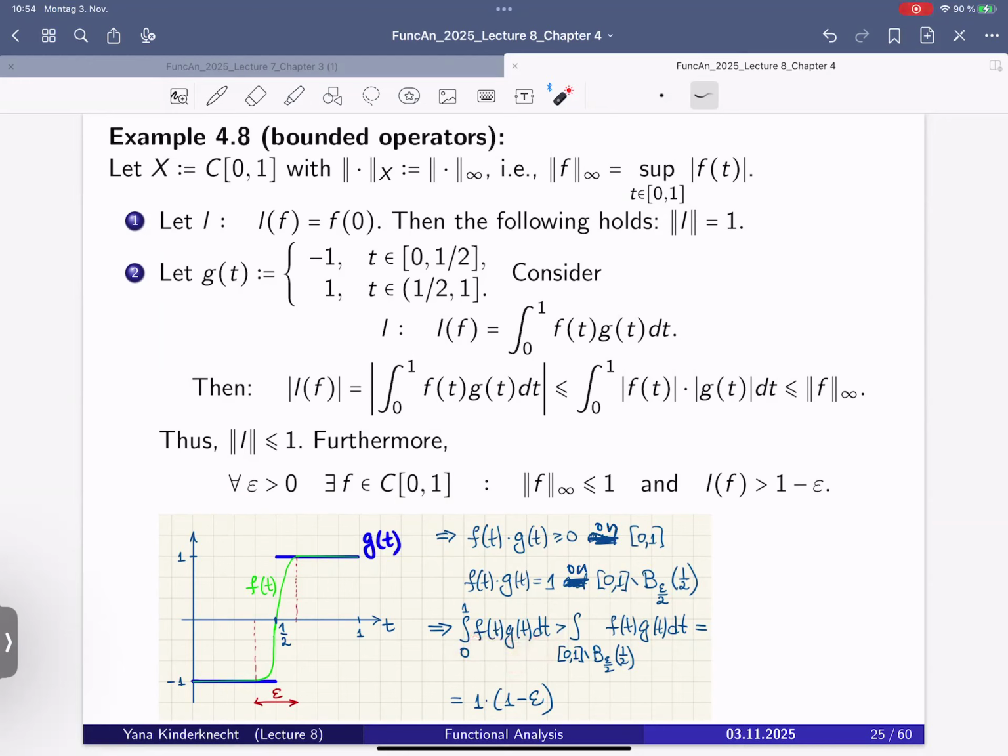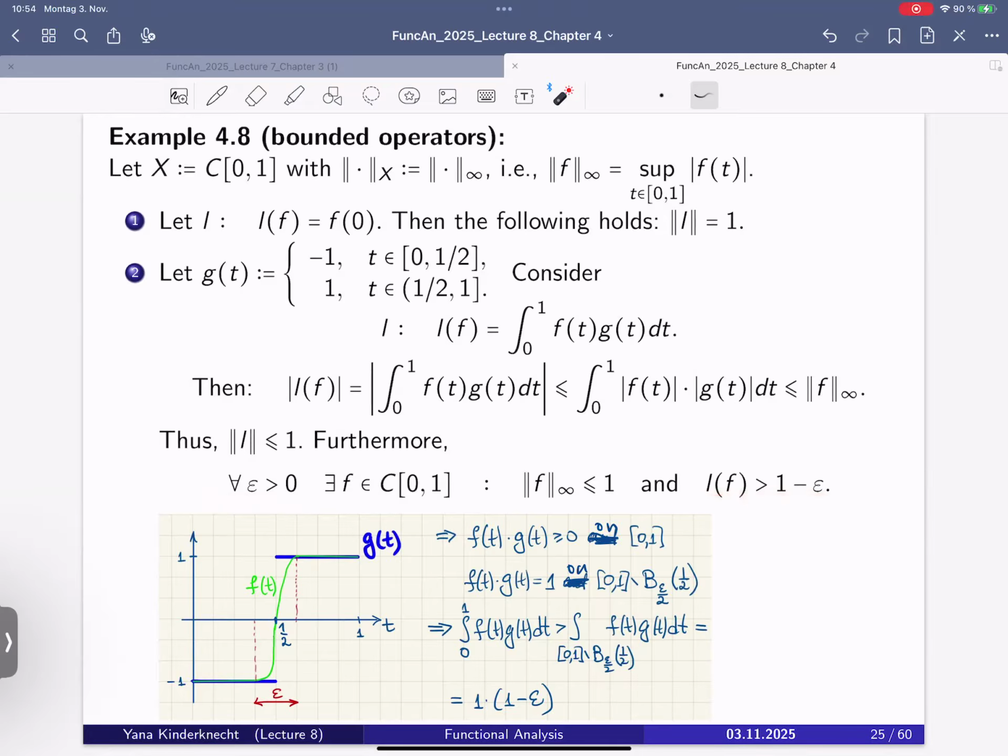That's why this integral over the whole segment is bigger than if we only calculate the integral over this subpart of the interval from 0 to 1. So instead of integrating over the whole 0, 1, we integrate only here. But here, this product is just equal to 1. Hence, this integral is just the length of this interval from here to here, and this is 1 minus epsilon. And of course, we can make epsilon arbitrarily small.